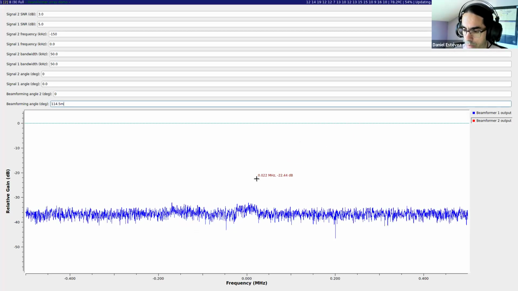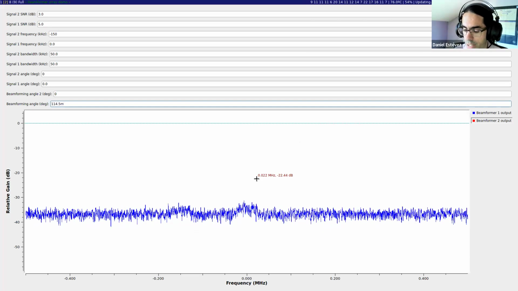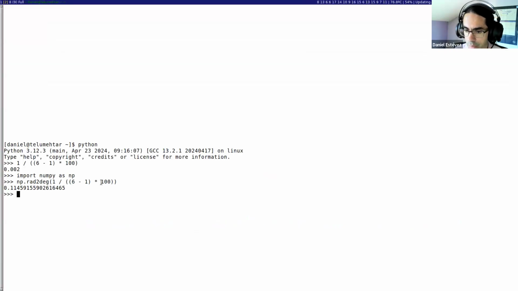So that's what happens, and this is determined by the separation of the antennas. Depending on how many wavelengths the antennas are separated, then we will have one beam width or another.